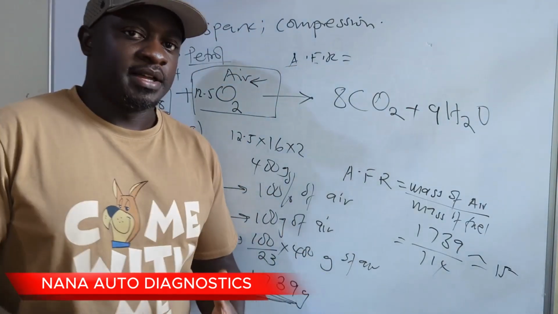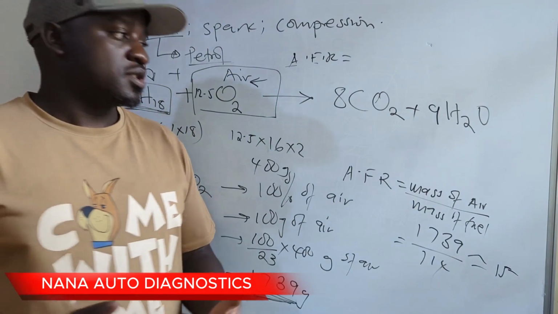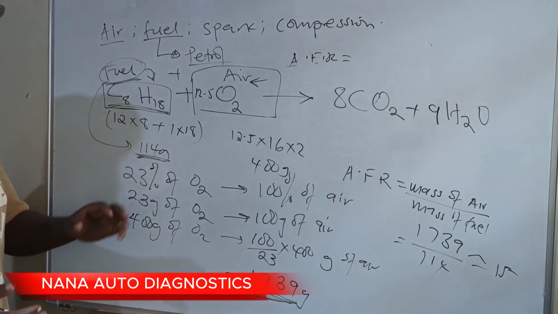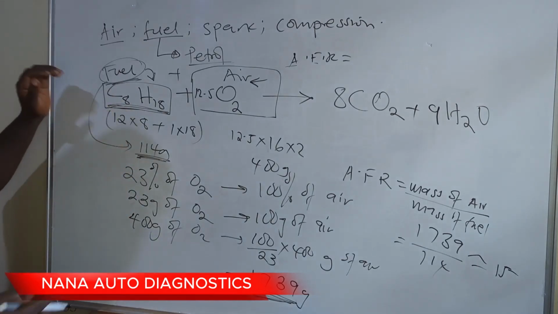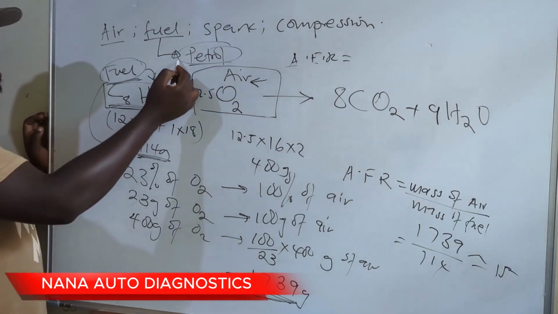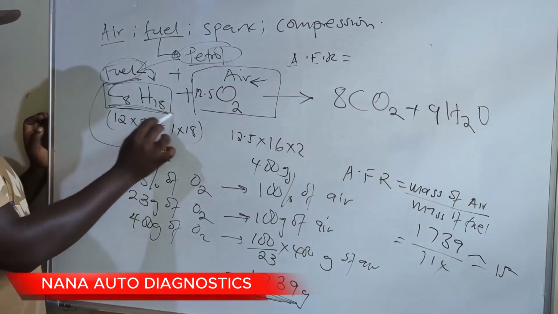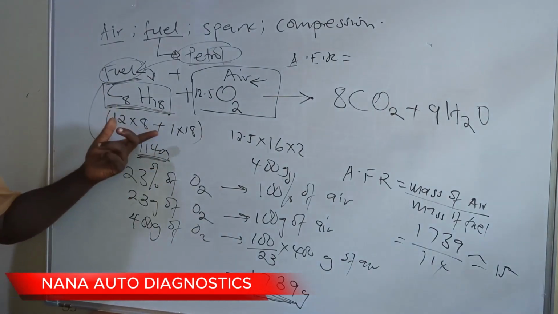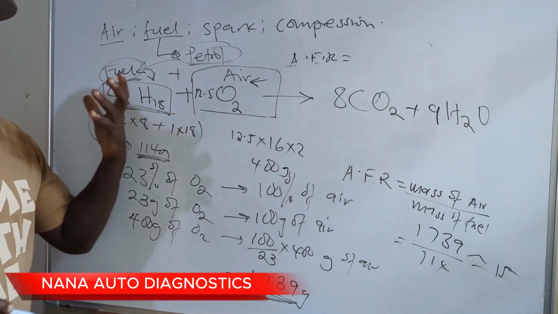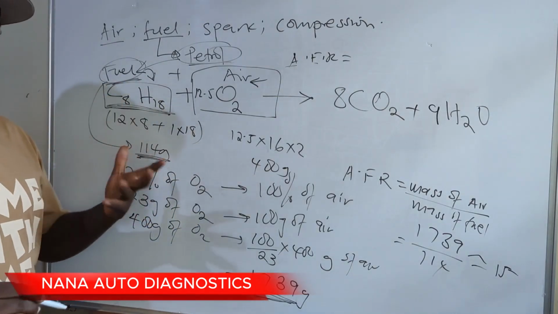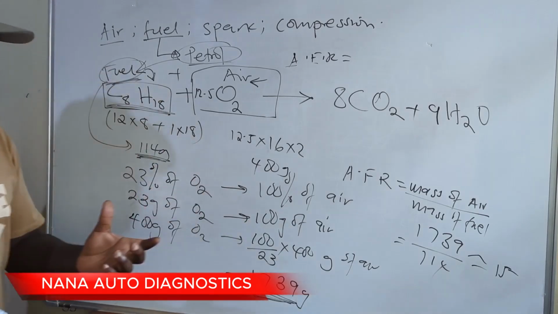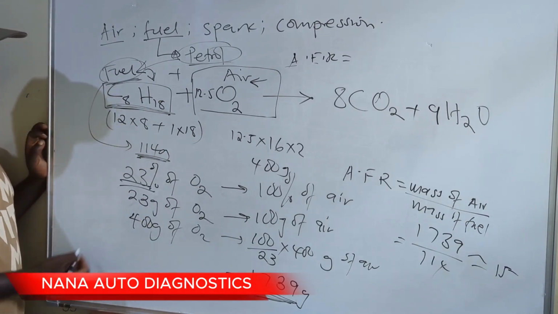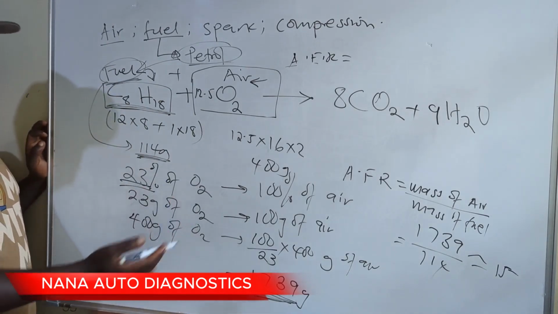Now I want us to remember that we've taken a lot of assumptions when we are doing this calculation here. One of them being that we've assumed that the petrol is purely an alkane, which is not the case because it has other components such as paraffin, it has cycloalkanes, it has aromatic compounds such as benzene and the rest. So the percentage of oxygen is more than 23, like 23.14%.